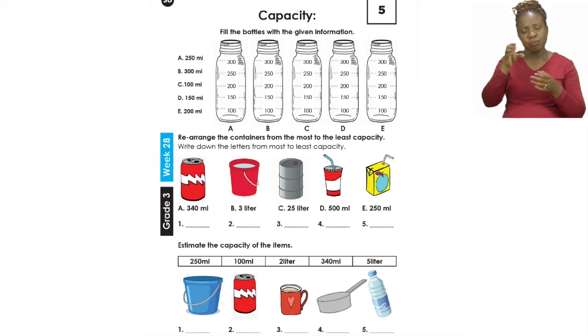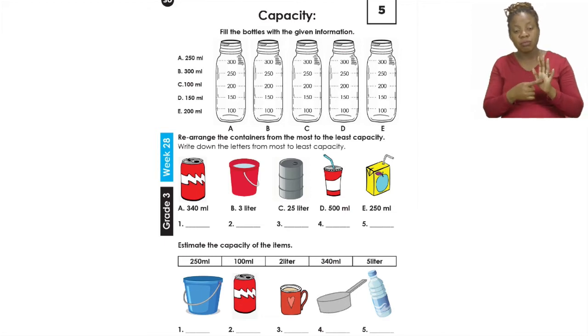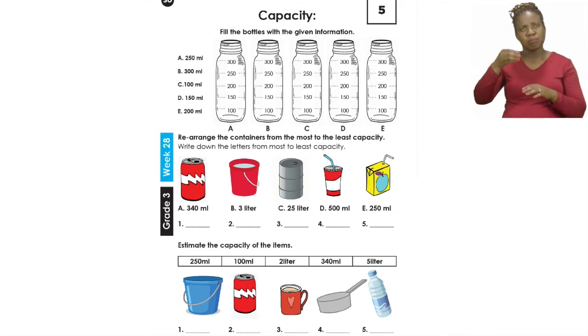Now you will see, boys and girls, there are 5 bottles and each bottle is labeled A, B, C, D and E. And then on the left side of the page, there is an amount given for each of the bottles. A, 250 milliliters.